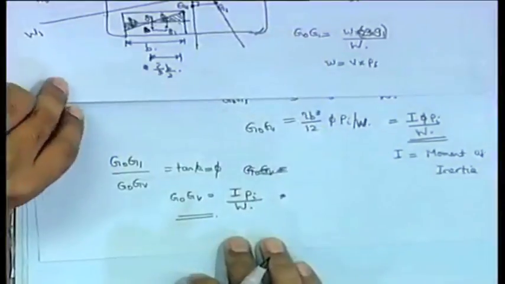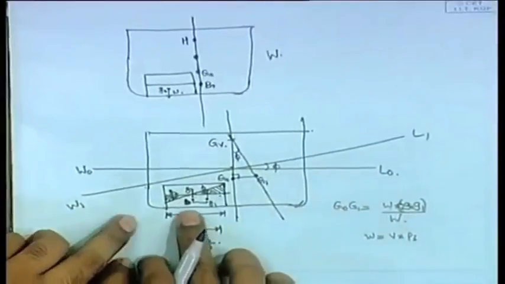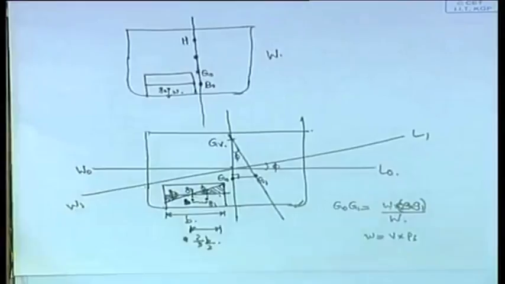I do not think that derivation is given, but G0 Gv will actually be the distance through which the center of gravity of the ship moves in the vertical direction. Now, this liquid is moving like this.